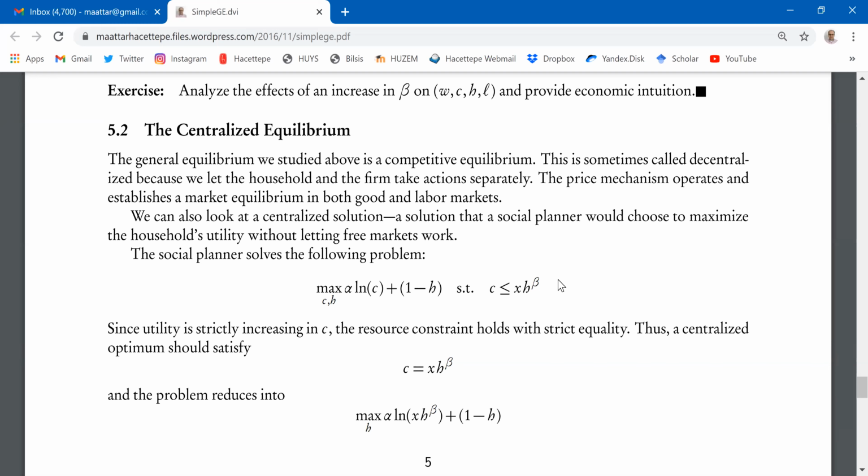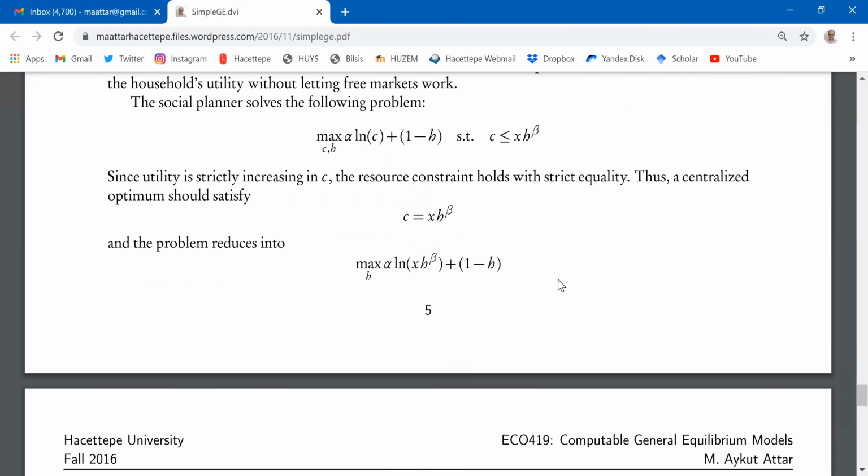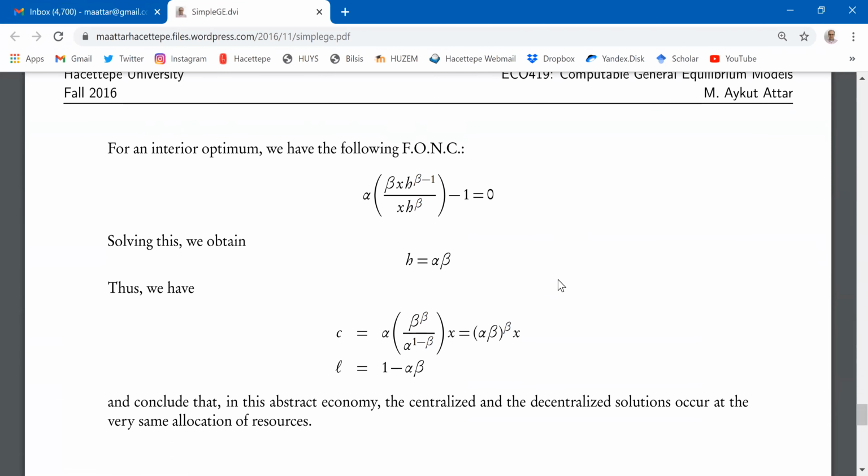Now, if you solve this problem, guess what? You obtain the same solution. H is the same, C is the same. You see the solution of H here and the solution of C here.